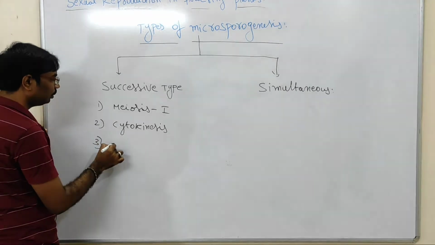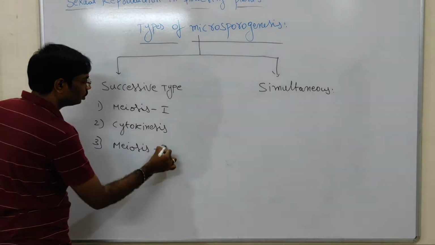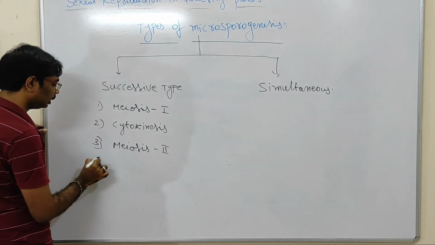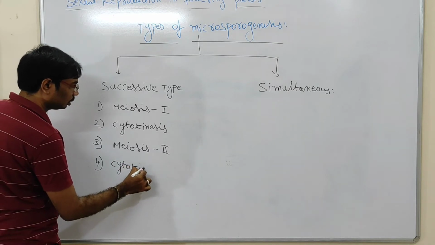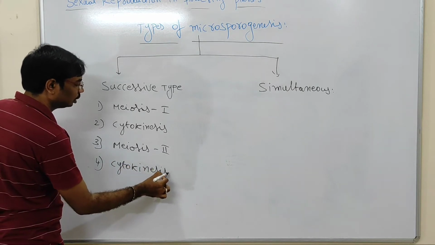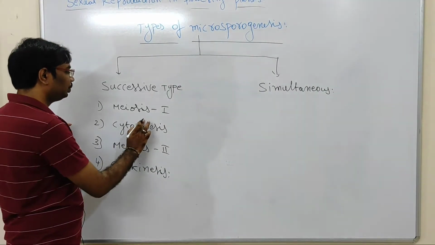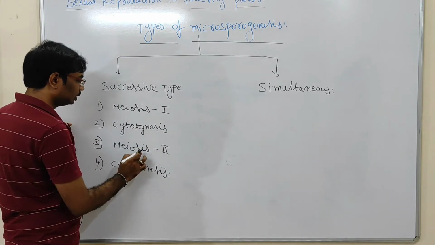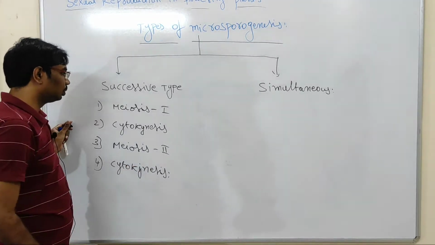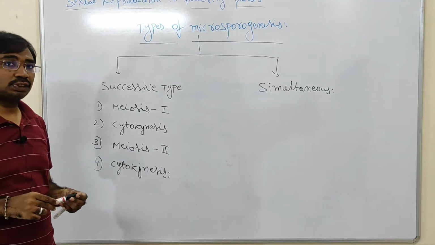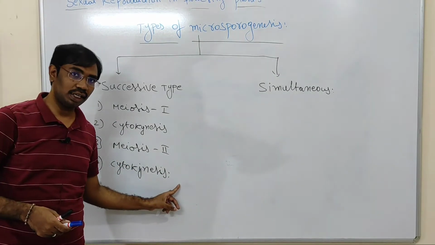Again, after that, meiosis 2, and after meiosis 2, cytokinesis. So how many cytokinesis are present in this process? 2 cytokinesis: meiosis 1 is followed by 1 cytokinesis and meiosis 2 is followed by 1 cytokinesis.